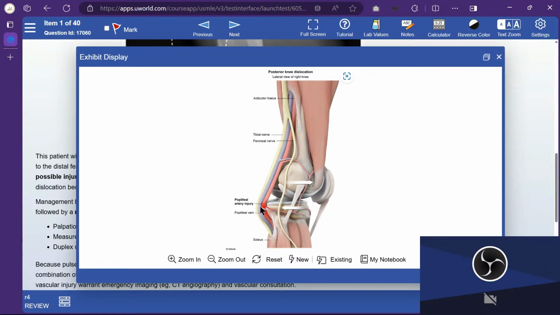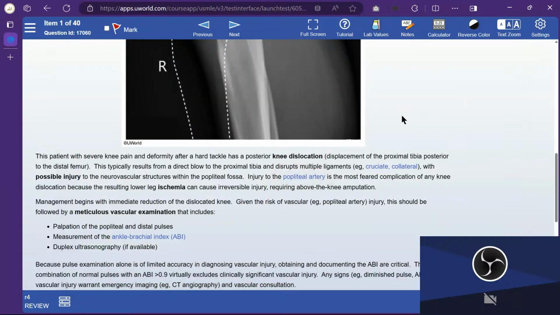This is the popliteal artery. And if there is dislocation, this artery may be damaged. So in knee dislocation, the popliteal artery may be damaged. Management begins with immediate reduction of the dislocated knee.